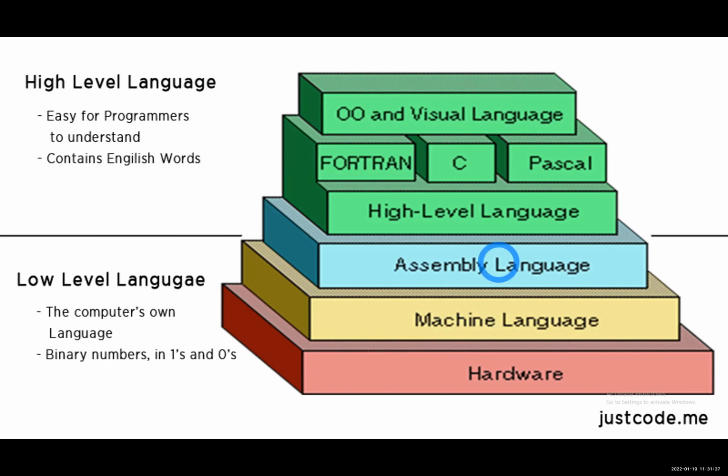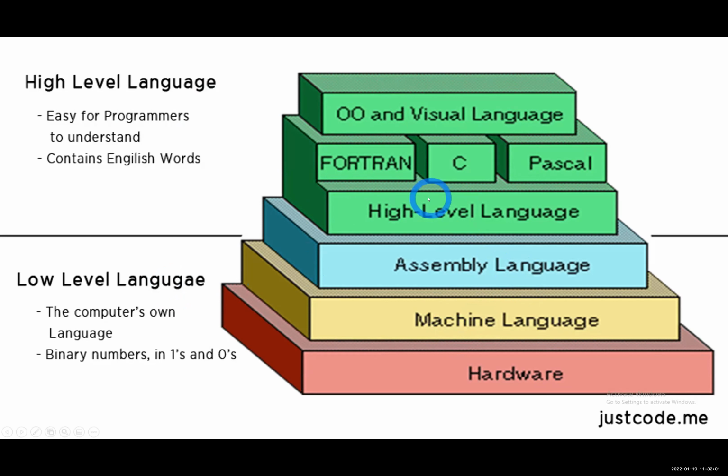Assembly language isn't much better, and I know there's a typo on this slide. Language is definitely spelled wrong right here, but I didn't make this picture, so don't judge me. Assembly language, again, is not much better, but people used to program in assembly language, but thank God we don't do that anymore.